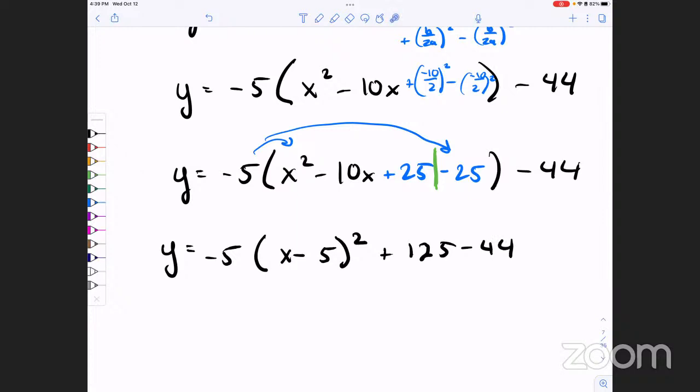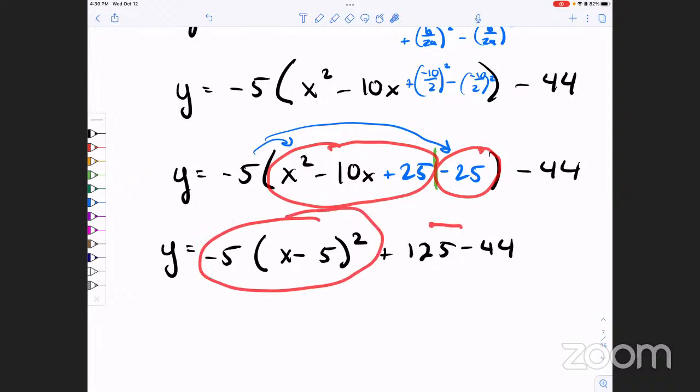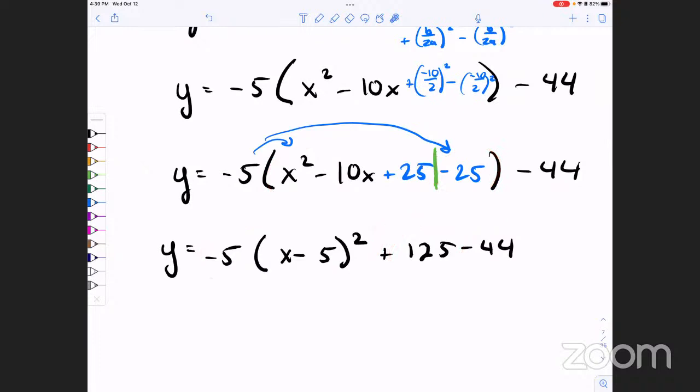Because basically I was grouping it, like I was considering this as one term, and then this is another. So that first red circle, you can see it here. The second red circle, you can see it here. And then the 44 just came down. So this is here, this is here. Okay. So combine like terms, I think we're one step away.